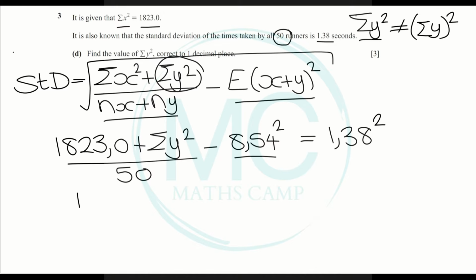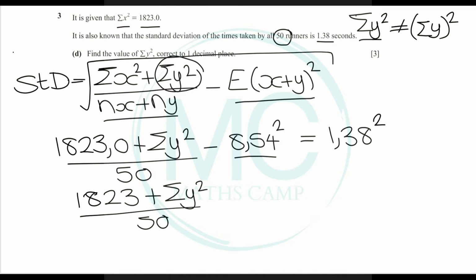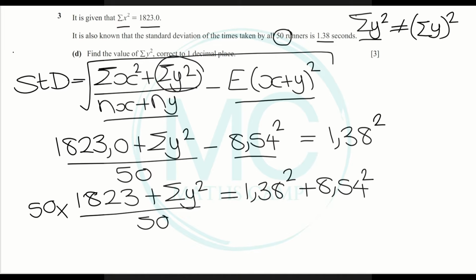I'm going to get 1823 plus sigma y squared over 50 is equal to 1,38 squared plus 8,54 squared. The next thing I need to do is multiply both sides by 50. So I'm just going to take out these 50s.